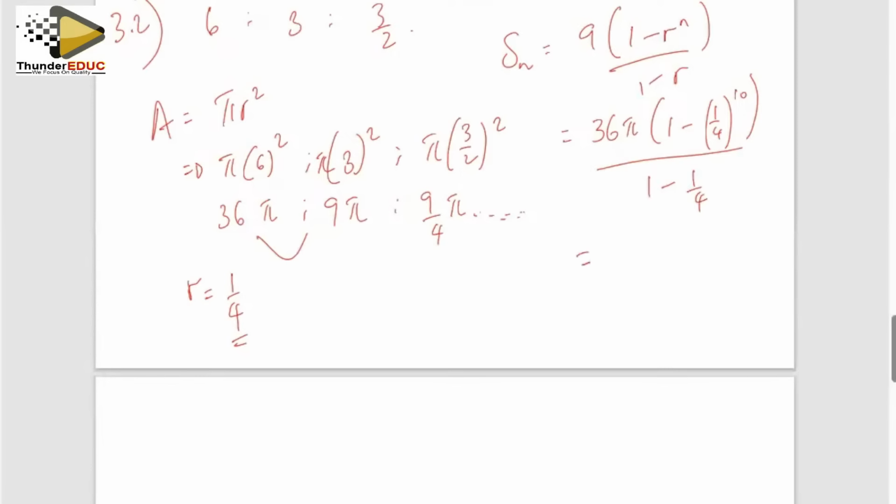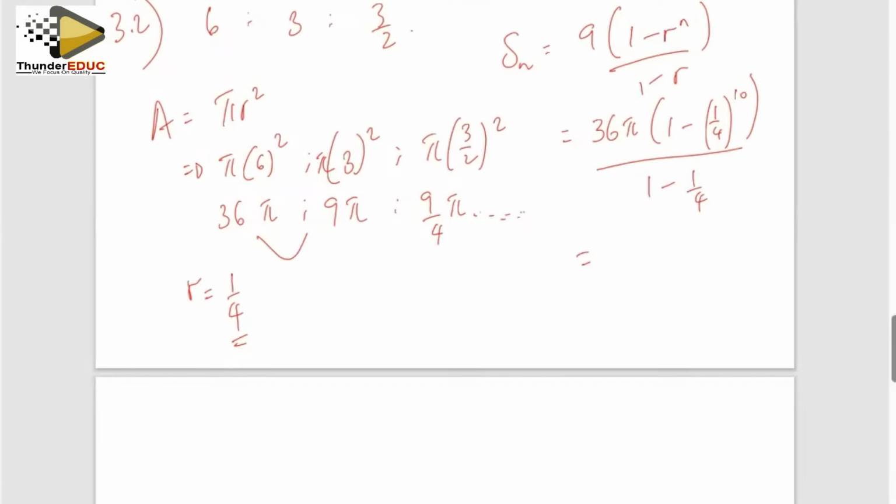So if we can do this, then the rest must be history. We just need to punch this into the calculator straight away. That's going to be 1 minus 0.25 to the exponent of 10 over 0.75.